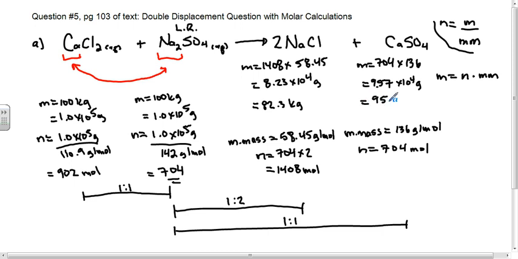And that gives us 95.7 kilograms of calcium sulfate. So there you have it. That's a good example of how you can take a double displacement reaction, use it to predict the products, and then determine the amount of products produced in that reaction.